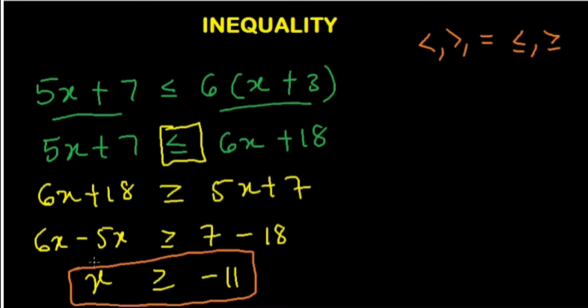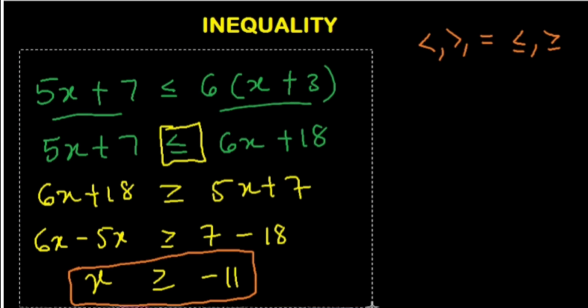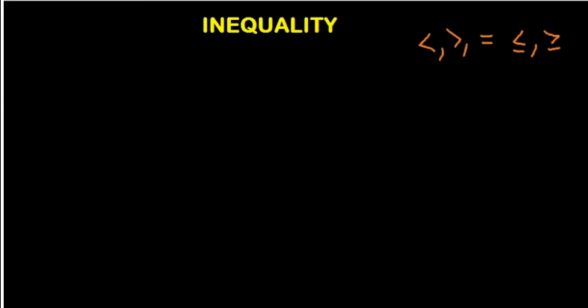Let me give you another example quickly, to know how to solve something of this nature. Suppose you are given minus 6 is less than or equal to 4 minus 2x, which is less than 5 minus x.